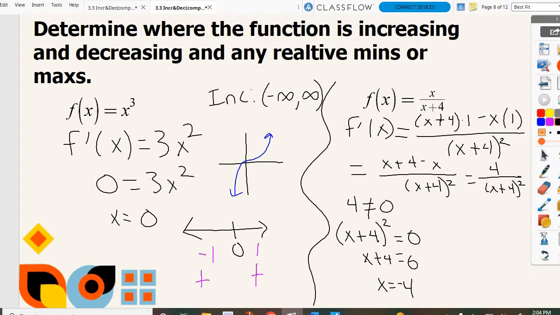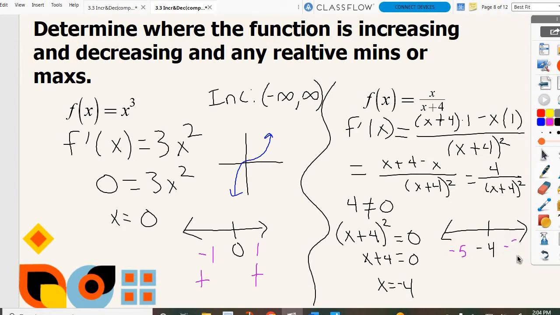The derivative is never 0. Okay. So then what do I want to do with that? Plug something in, above and below. Okay, so what is something to the left? Negative 5. Something to the right?